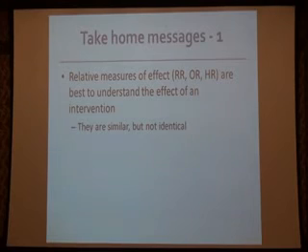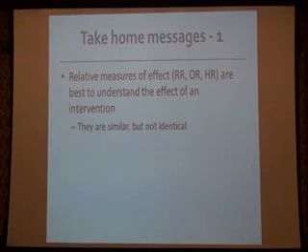I have 3 slides making up the take-home messages. I hope that you got the point that the relative and the absolute risk reduction are different. The relative measures of effect, relative risk, odds ratio, hazard ratio, are all similar.